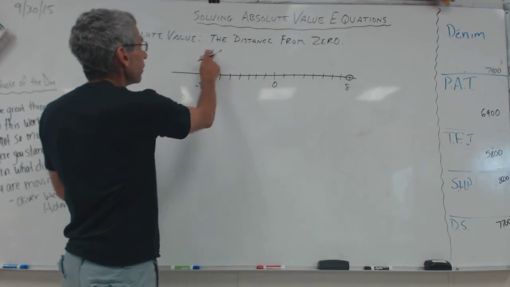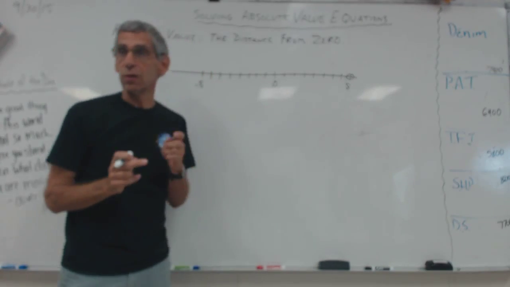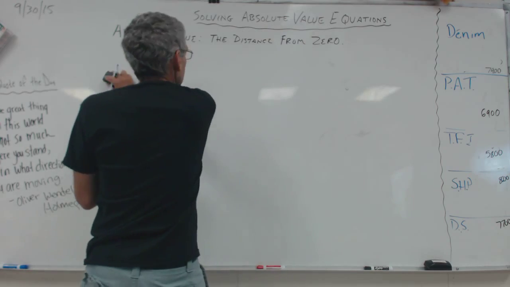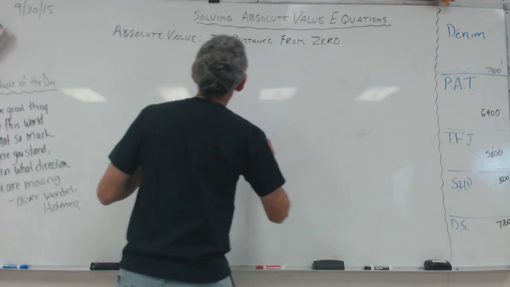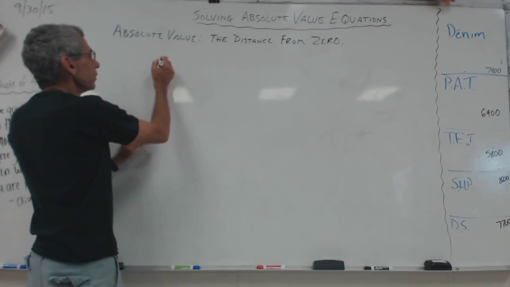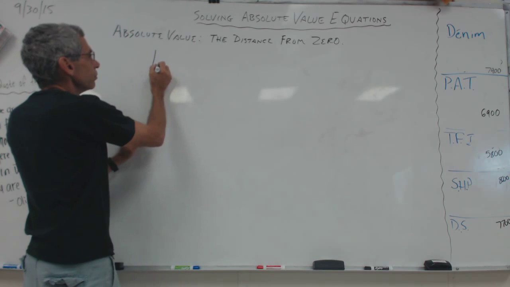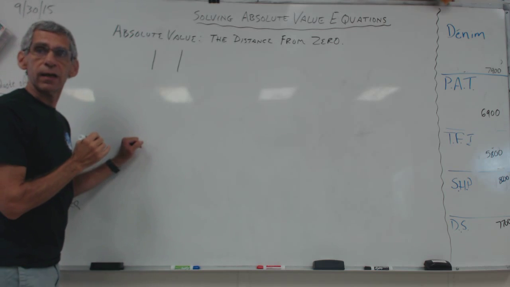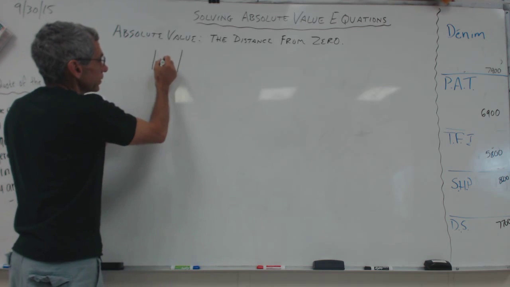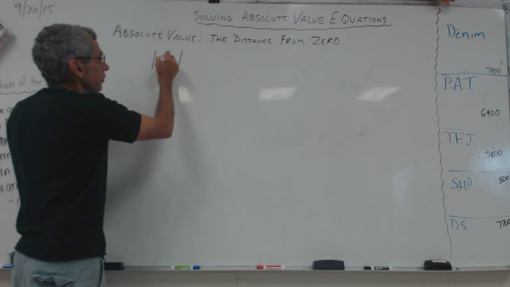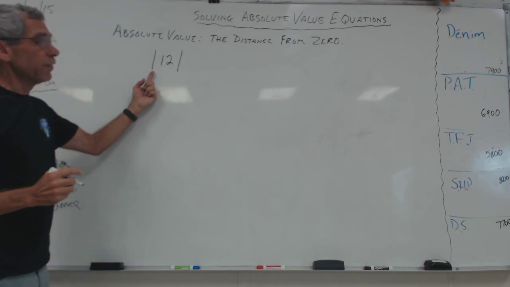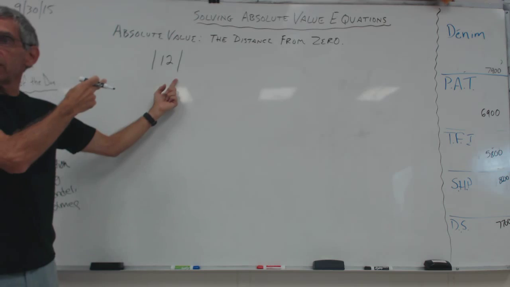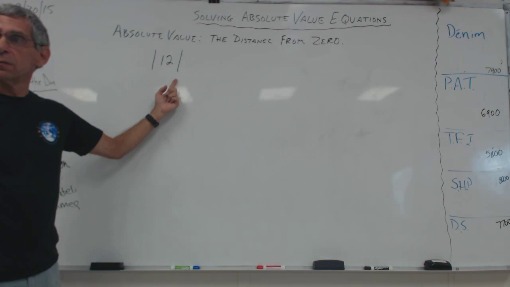So absolute value is the distance from 0, okay? And the way you'll see it in math is written like this. The absolute value is two straight lines with a number inside, like let's say 12. The absolute value of 12, think about it on a number line. How far is 12 away from 0? 12.